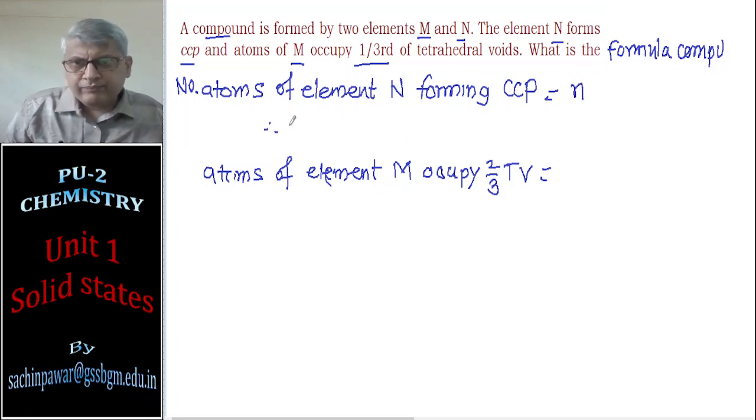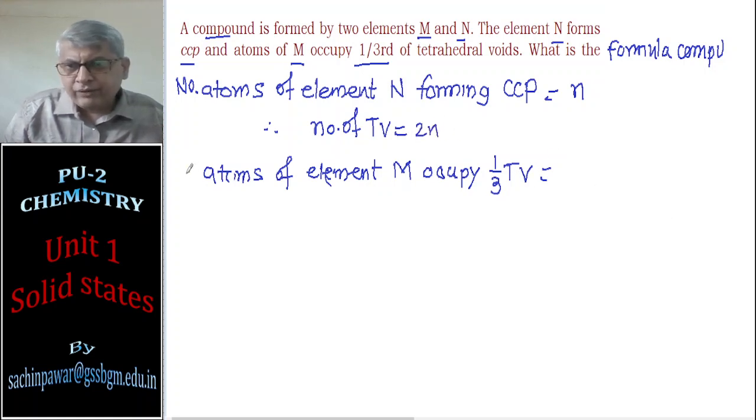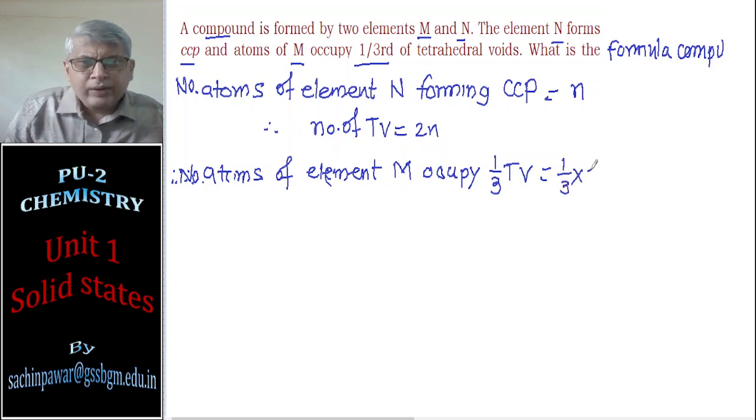So the number of tetrahedral voids will be 2n. The atoms of element M occupy 1/3, so it is 1/3 of 2n, that is 2n by 3.